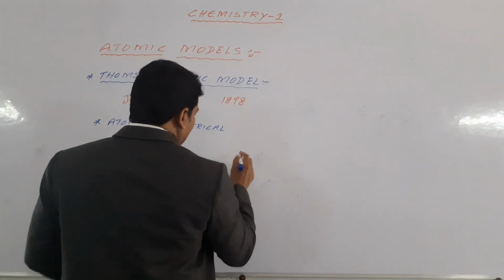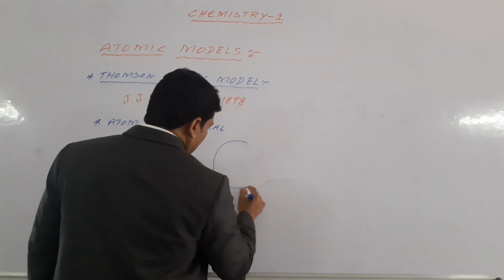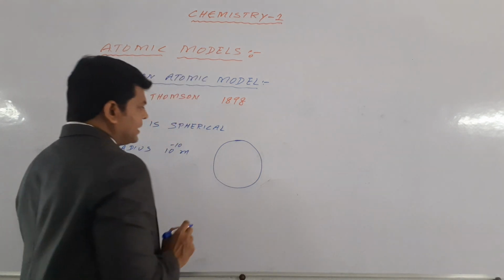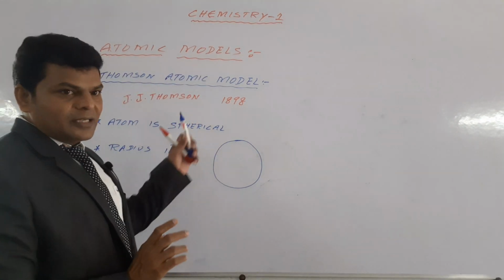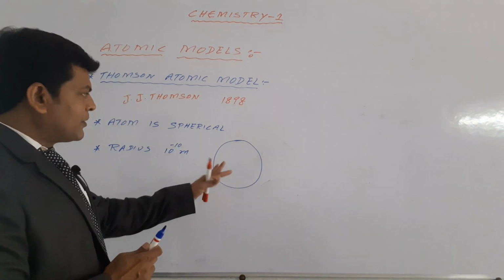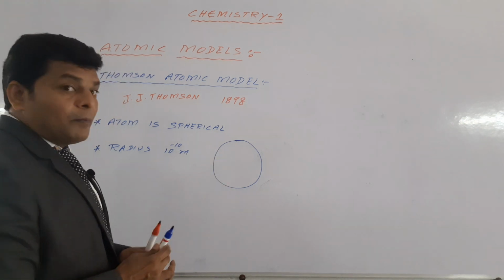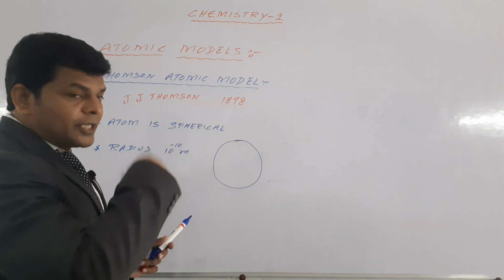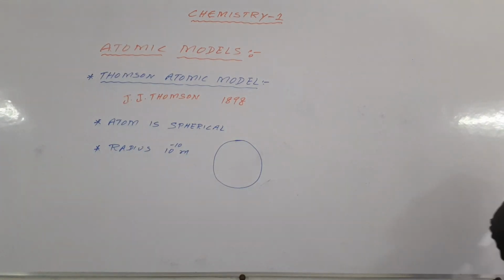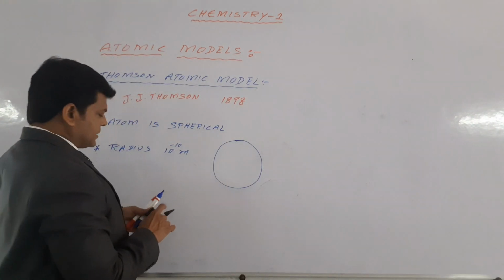So this is the atom. In the atom, positive charge is uniformly distributed all over the atom.